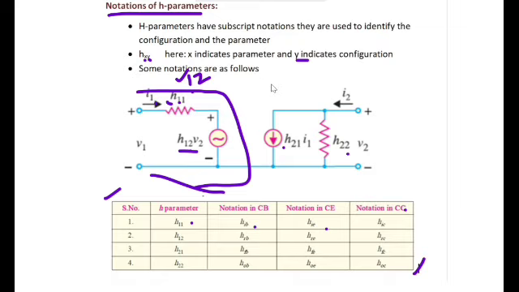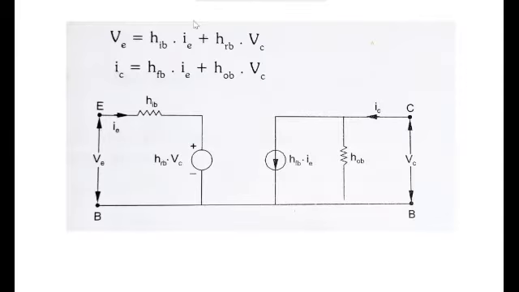And if we go to the second equation, that is I2 is equal to h21 into I1 plus h22 into V2. The second equation defines the second network in the circuit. This is how the notations are done, and we will see different configurations having different notations.